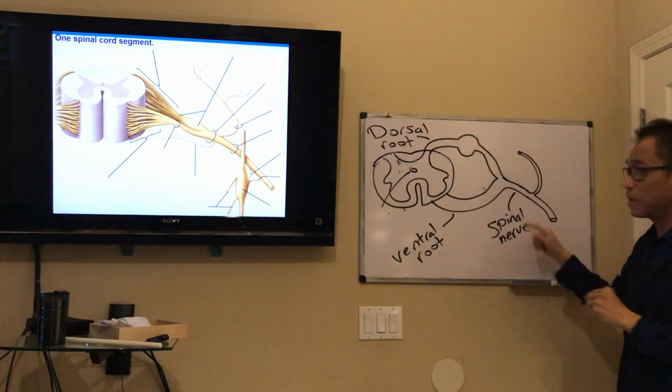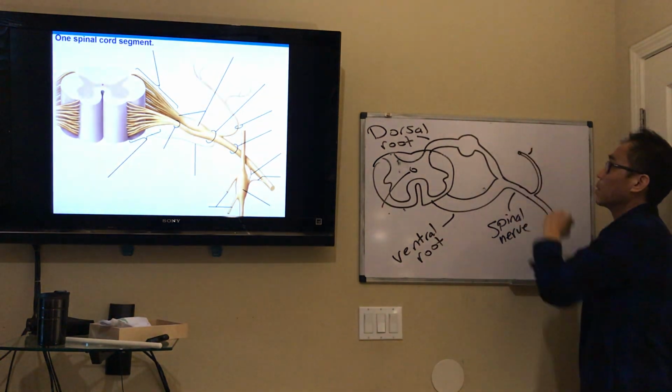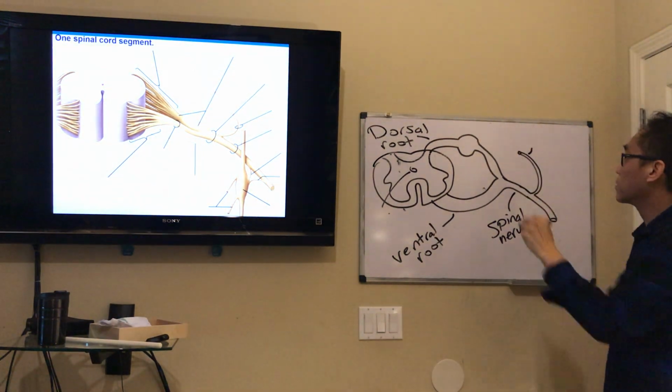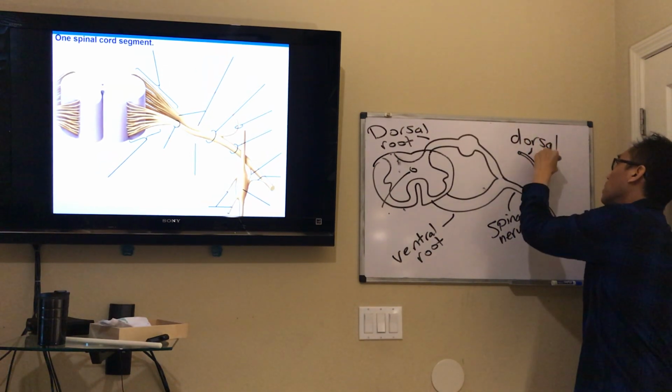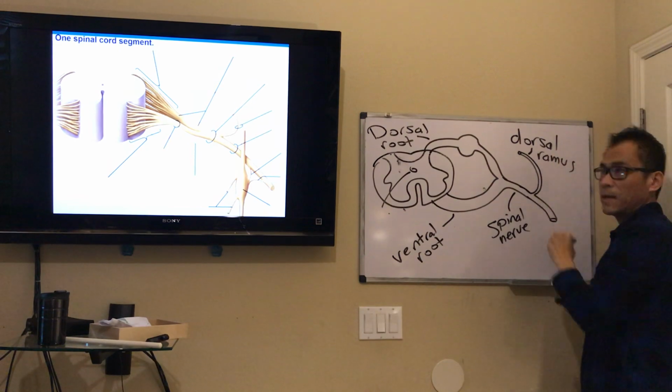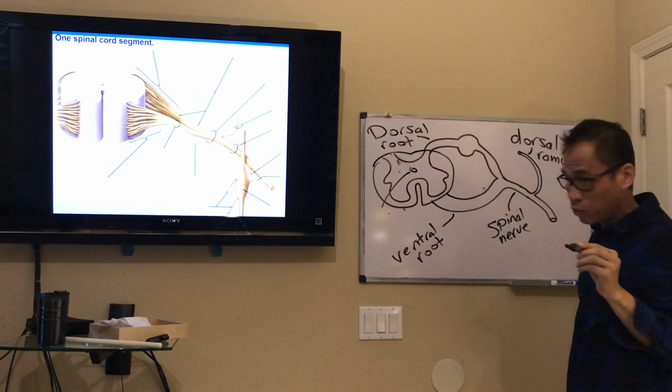Spinal nerve dividing into dorsal ramus and ventral ramus.